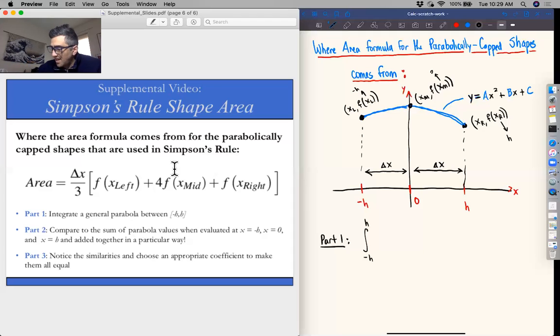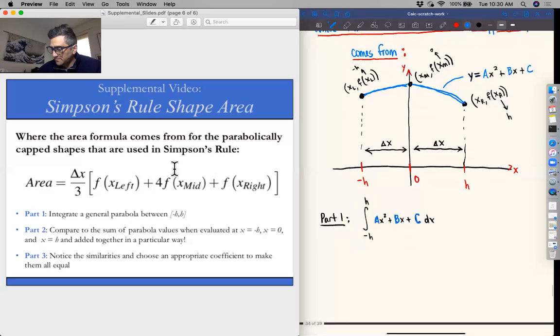And then we get to stick in our parabola formula, the ax squared plus bx plus c, with respect to x. And remember, a, b, and c here are some known numbers that will just give us the parabola that touches those 3 points. We actually won't really care what those values explicitly are in this case.